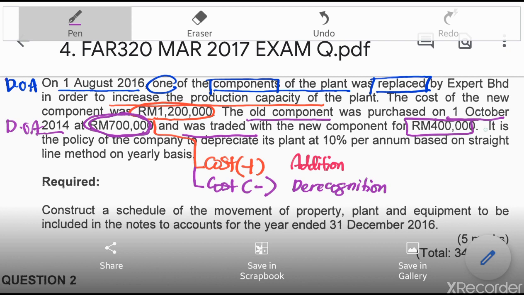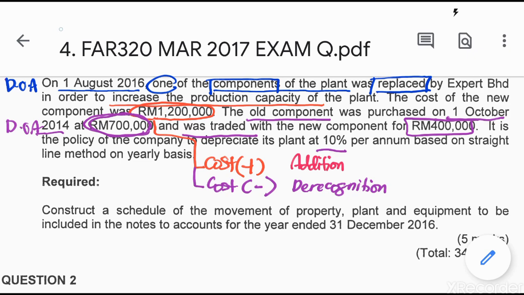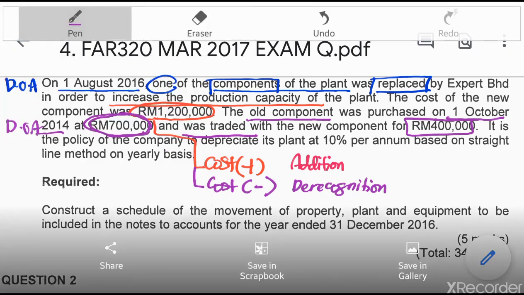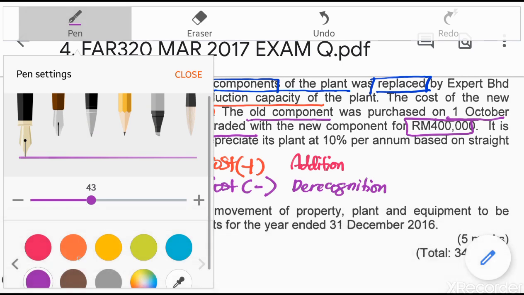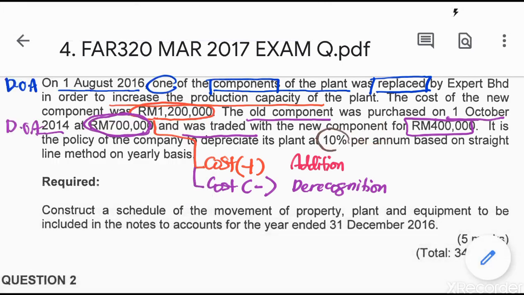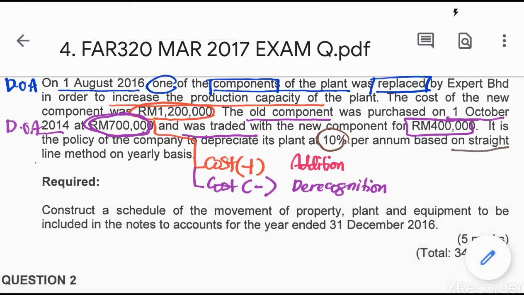Then you are informed that the policy of the company is to depreciate the plant 10% per annum, and this is on straight line method, yearly basis.